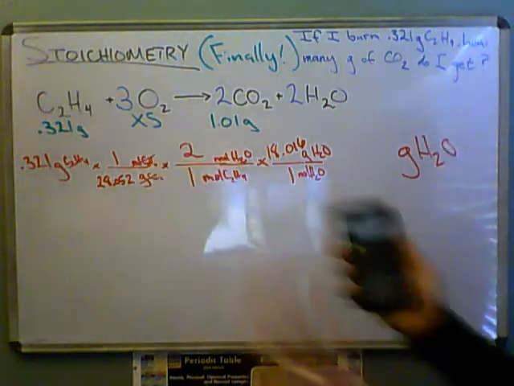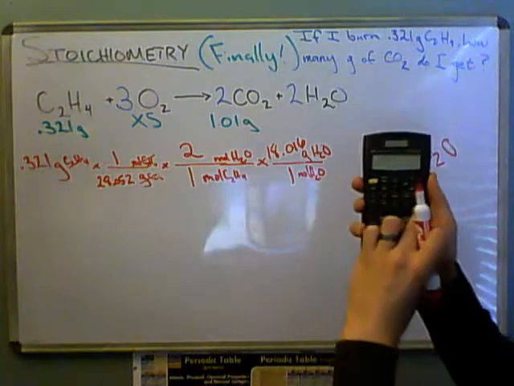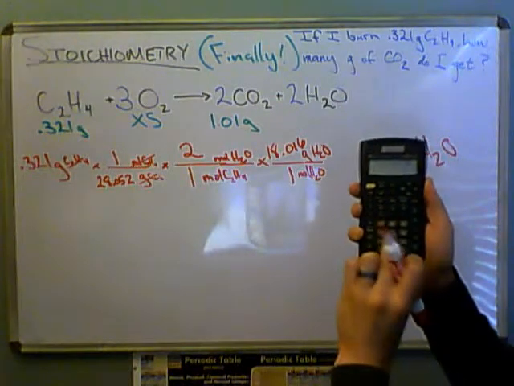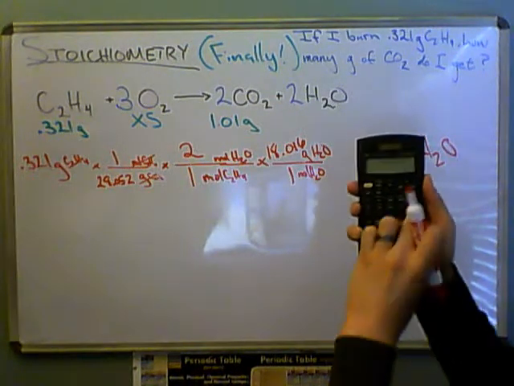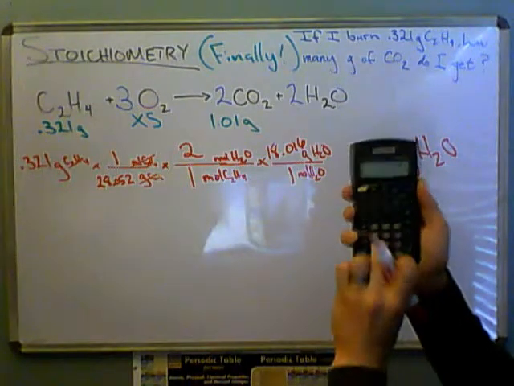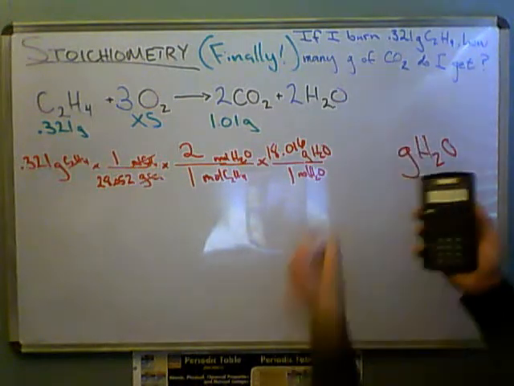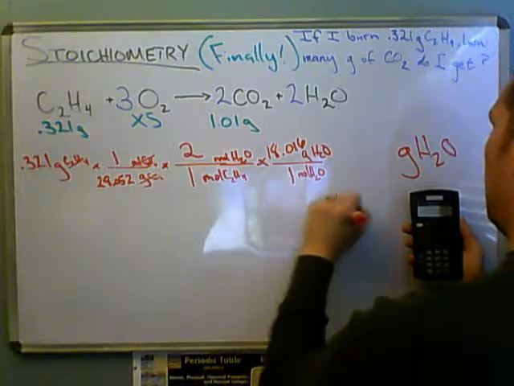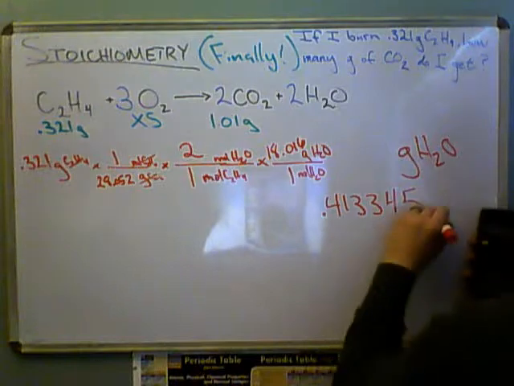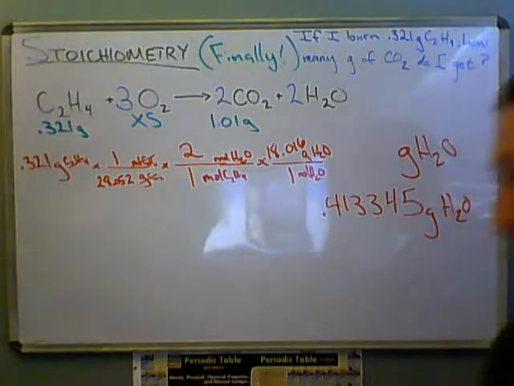So I'm going to go through and plug this in. 0.321 grams times 1 divided by 28.052 times 2 divided by 1 times 18.016 divided by 1, and we get 0.413345 grams of H2O.